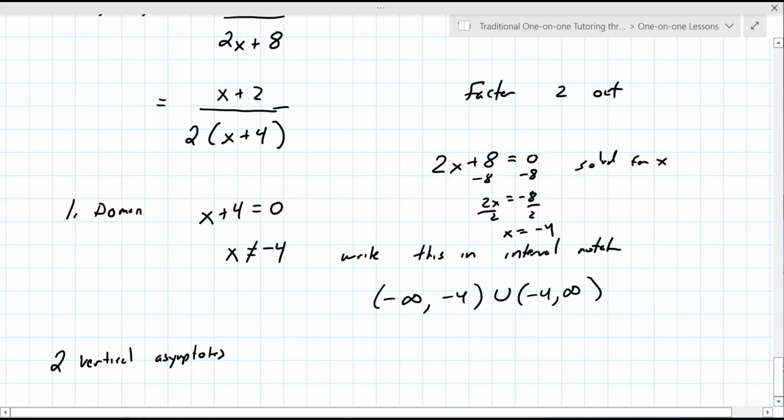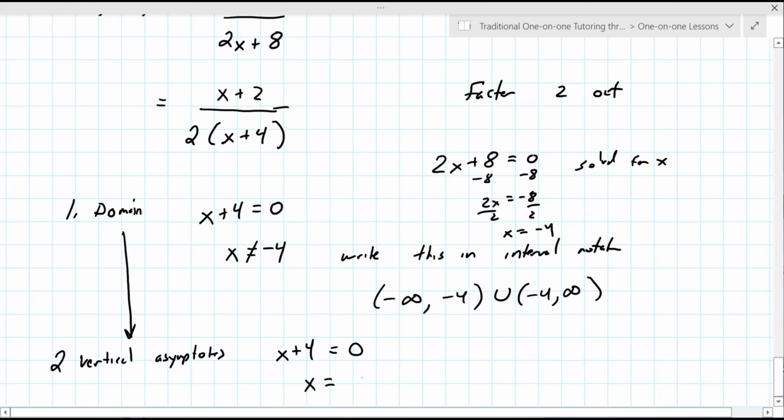It's okay. You set the denominator to 0. Right, the domain leads directly to vertical asymptotes. Again, you could set the whole thing equal to 0, but it's just the x term that you set equal to 0.